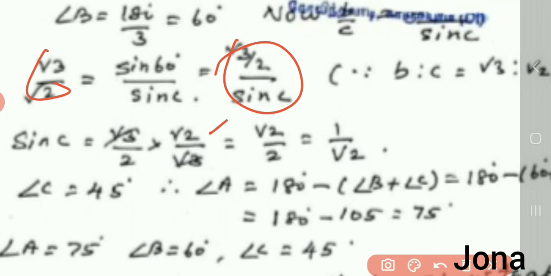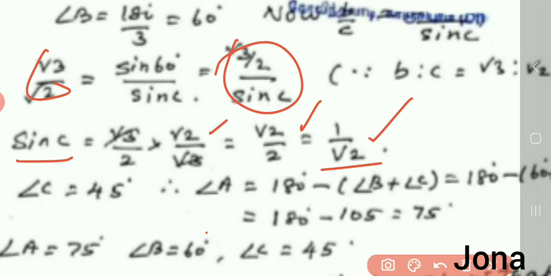Here I can cancel root 3 and root 3. The remaining is root 2 by 2. Again I can cancel in the denominator as root 2 into root 2, and I get 1 by root 2. Sin C equals 1 by root 2.